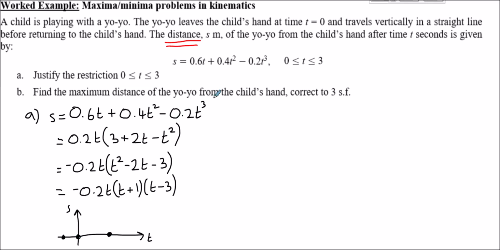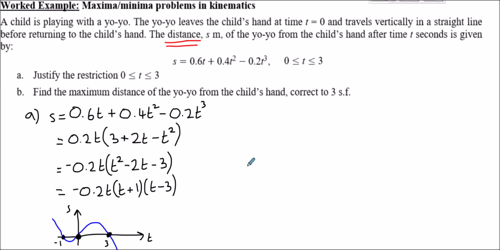But remember, the cubic term for t cubed was negative, so it's going to be a negative cubic, so it's going to have a characteristic curve looking something a bit like this. So it's going to be going down, up again for a bit, and then down to God knows where. That should have gone through the origin. I can't sketch for toffee, so hopefully you'll forgive me and understand what I'm trying to do. That's 0. This is where t is minus 1. This is where t is 3.